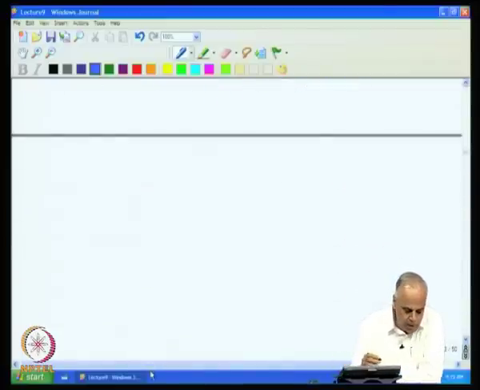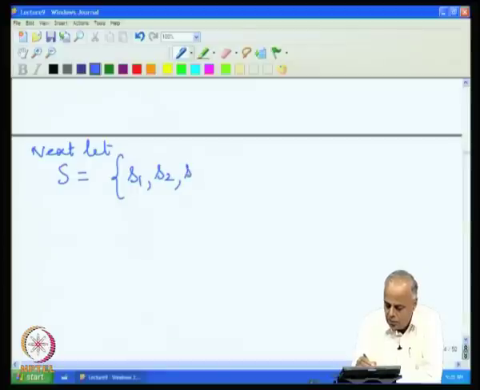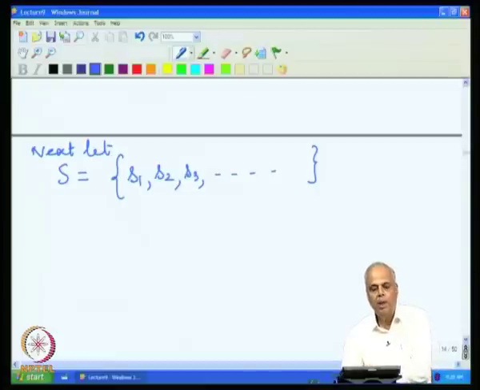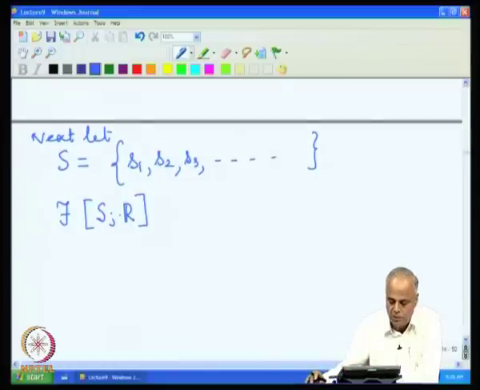Next, let us look at another simple version. Instead of the finite set, let us look at a discrete sequence S1, S2, S3, etc. So we now have an infinite sequence S1, S2, S3. Now look at the set of all functions from S to R. What does this mean?